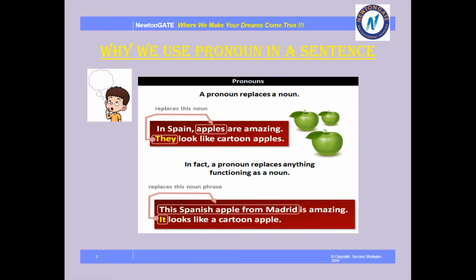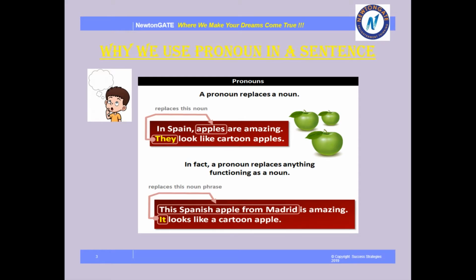Now the second part is why we use pronouns in a sentence. Why it is necessary to use pronouns in a sentence. Like a pronoun replaces a noun. Like in Spain, apples are amazing. They look like cartoon apples.